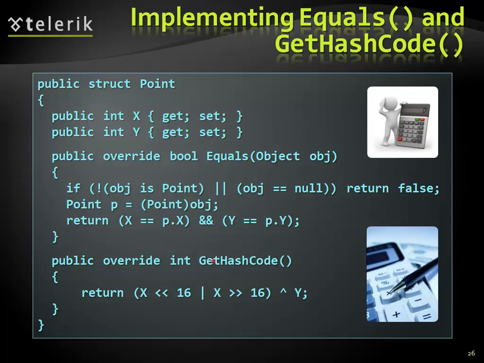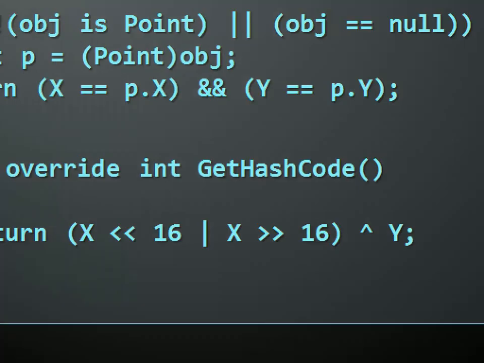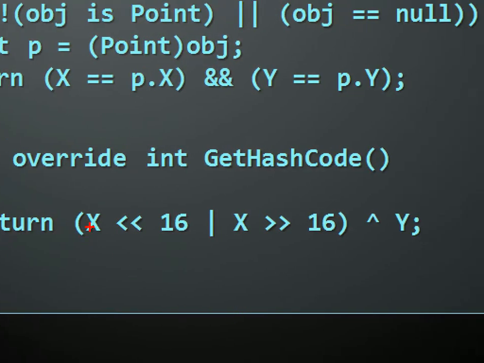Okay, and you need the GetHashCode function for your point. I'm not sure if it's the best one, but it shifts x by 16 positions left, then ORs it with x shifted 16 positions right, and then XORs it with y. That's an example of a hash code, and that's magic.